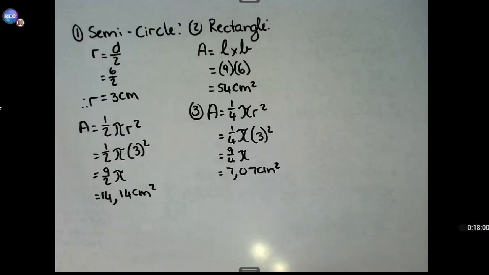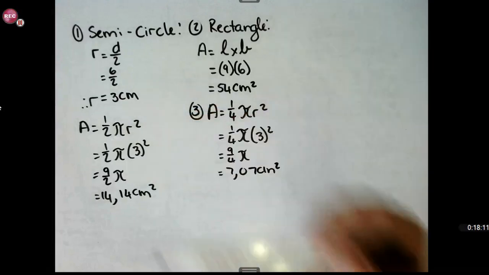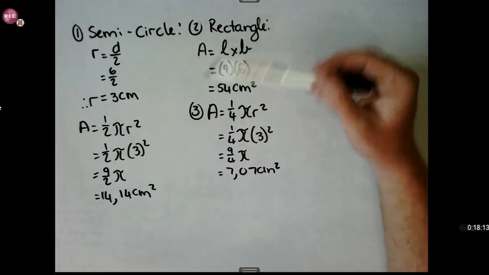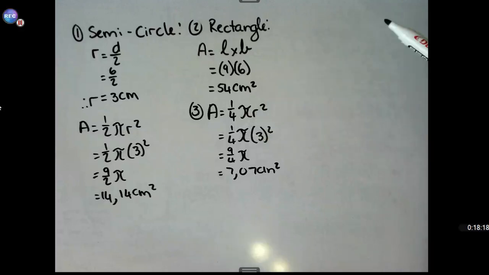Now, in order to calculate the full area that is shaded on the shape over here, you need to add the half or semicircle to the rectangle because both of them are shaded, and then subtract the quarter circle because the 1/4 part or section of the rectangle has been removed.